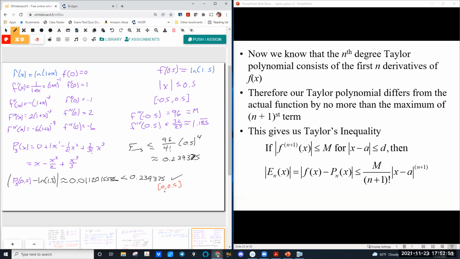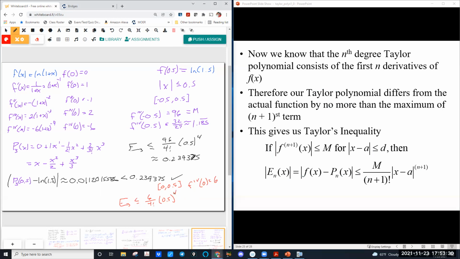Now, the only change that this makes is instead of checking this one, we do our fourth derivative at 0, which is really easy to calculate, which is 6, and we would use that for our M. So in this case, E sub 3 would have to be less than 6 over 4 factorial times 0.5 to the fourth.